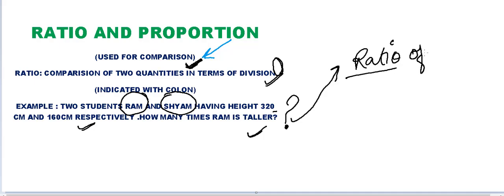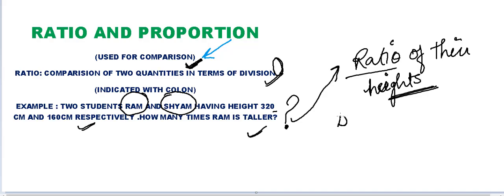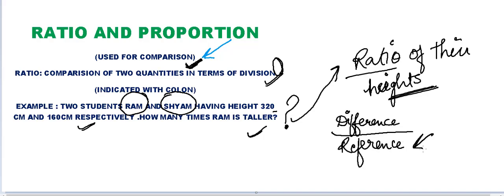Ratio of their heights is basically the comparison of two quantities, that is, of two students. So the very first thing is I must know the difference, and it must be divided by the reference, that is, with whom you want to compare.